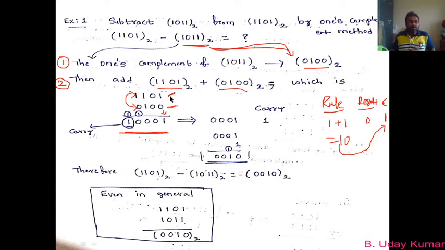So the maximum number of digits within these two binary numbers is 4, but in the answer we are getting 5 digits. So 5 digits means the leftmost digit acts as carry, and hence I can write the answer as 0001 with carry 1.